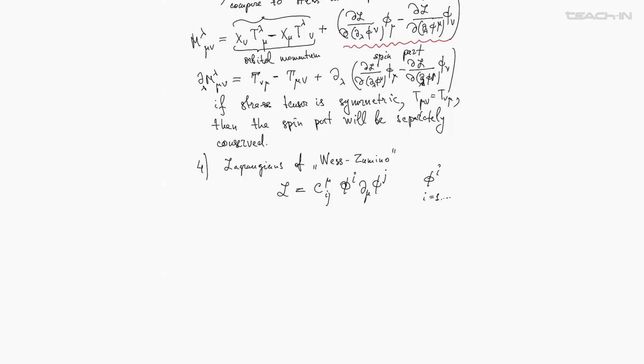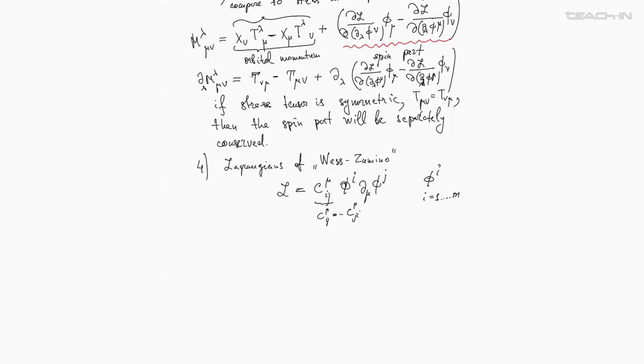Mu is a space-time index, and these coefficients C mu ij are antisymmetric in i and j. So C mu ij is equal to minus C mu ji.